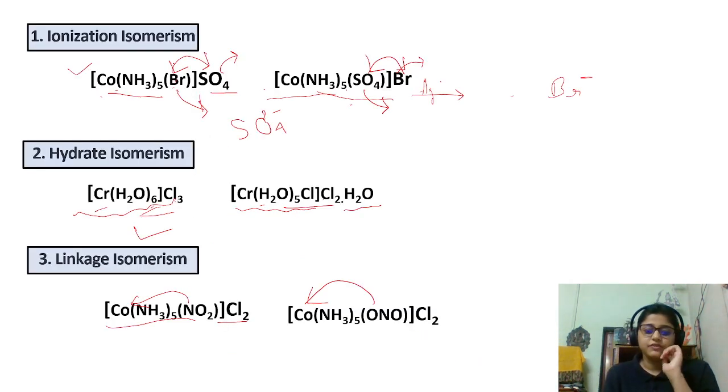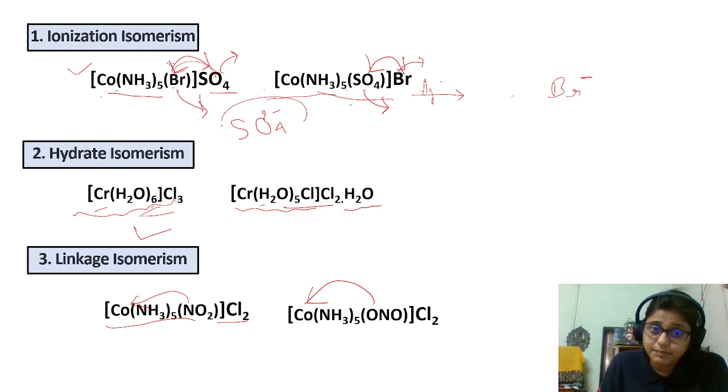This is ionization, where the difference is in which part is ionizable. In the hydrate isomerism, only the water molecule is exchanged between the coordination sphere and the ionization sphere. Okay.